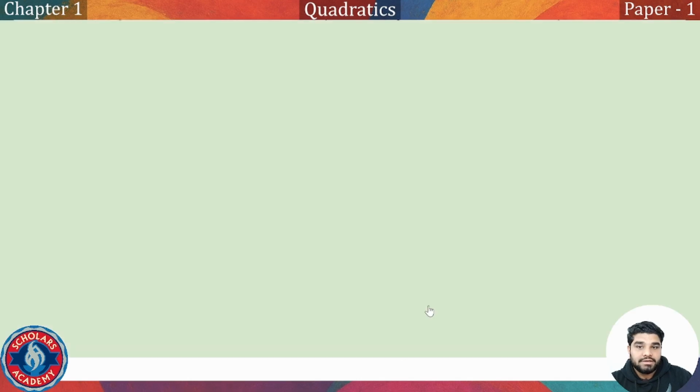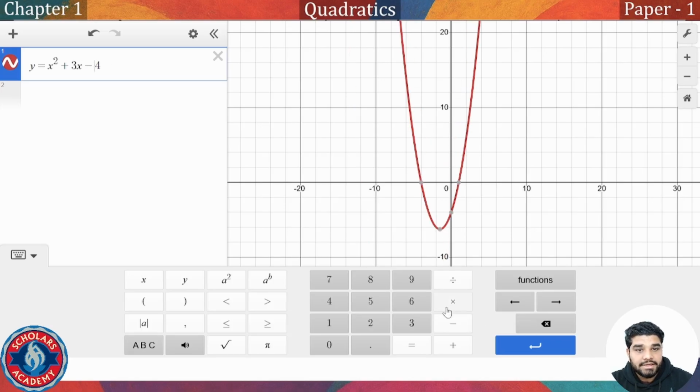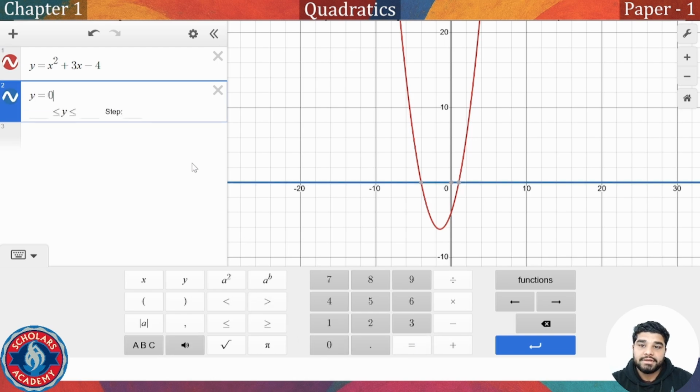For example, if I take it as negative 4, this is one quadratic equation, and I take one more equation, y is equal to 0, right?